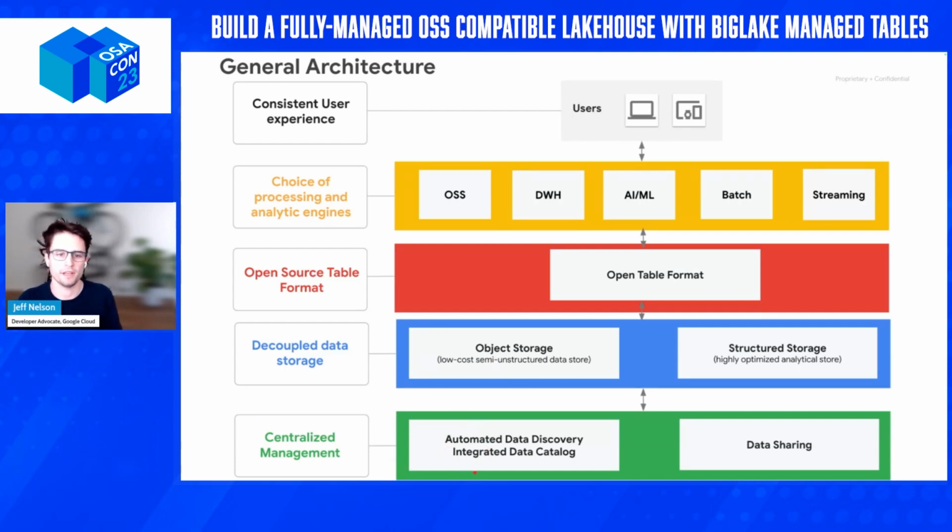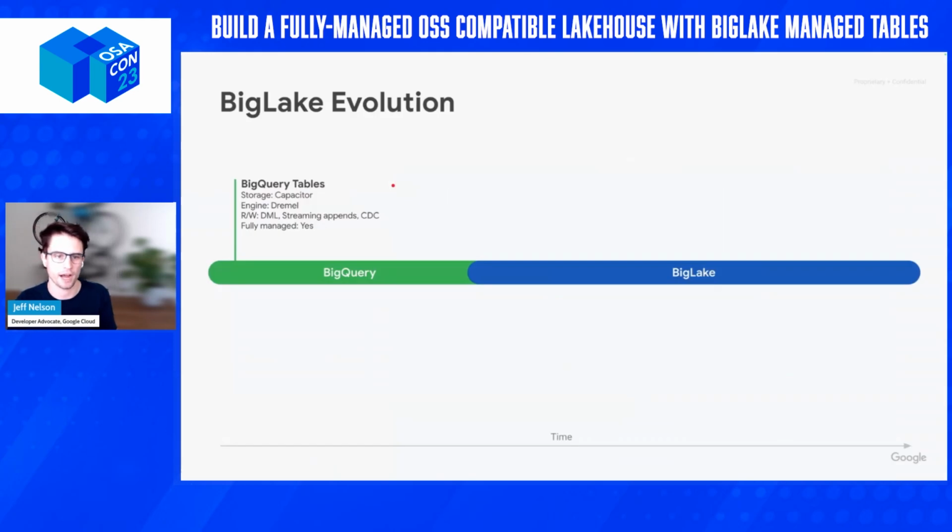Lastly, there may be an optional layer of data discovery, cataloging, lineage, orchestration that can span your entire data stack. So given this simplified lakehouse architecture, let's see where we are with BigLake. How does BigLake fit in?